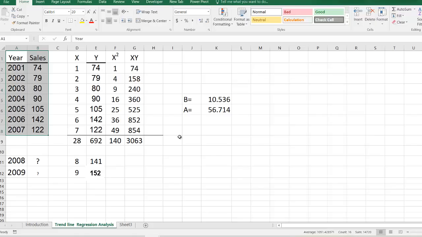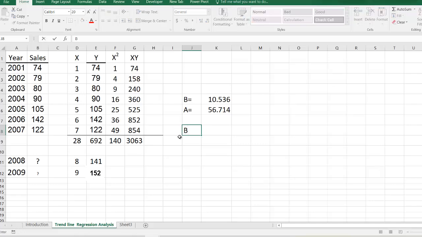This time I'm going to show you how to generate these values using the built-in functions of Microsoft Excel. First, generating the value of the slope, or B, Microsoft Excel has a built-in formula named SLOPE.